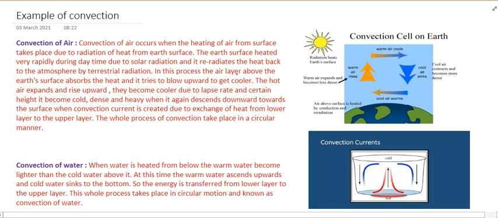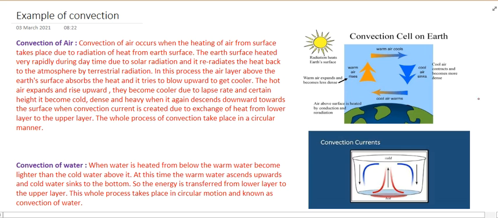In this process, the air layer above Earth's surface absorbs the heat and tries to blow upward to get cooler. The hot air expands and rises upward. It becomes cooler due to lapse rate at a certain height. It becomes cold, dense and heavy, and then descends downwards towards the surface, and a convection current is created. Due to exchange of heat from the lower layer to the upper layer, the whole process of convection takes place in a circular manner.